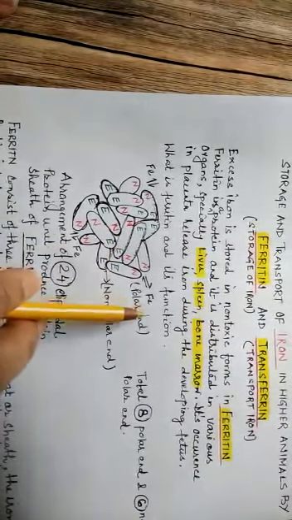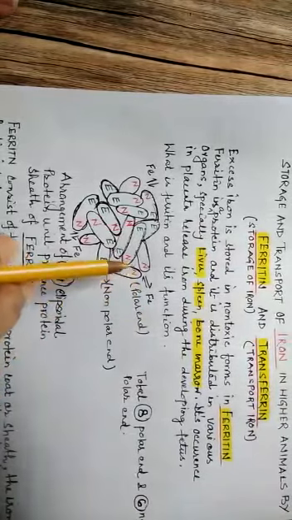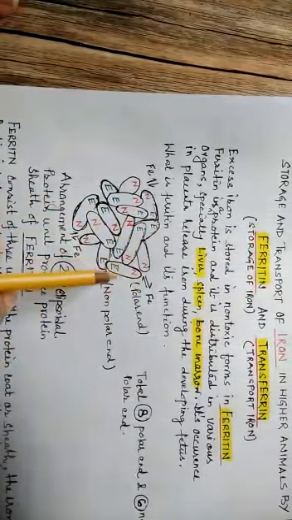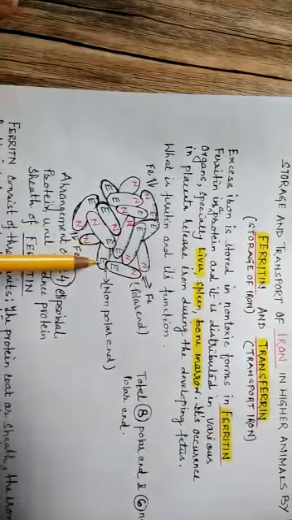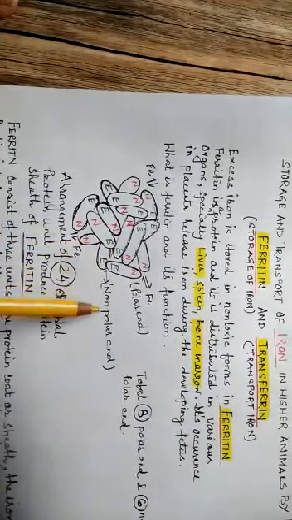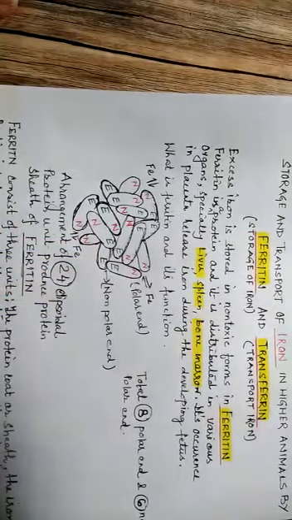So there are a total of 8 polar channels in one molecule. Similarly, there are 6 points where 4 E sites meet and form 6 non-polar channels.